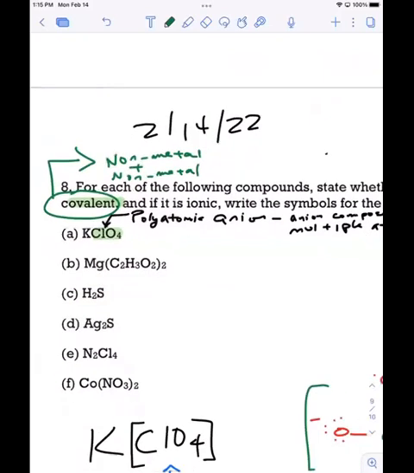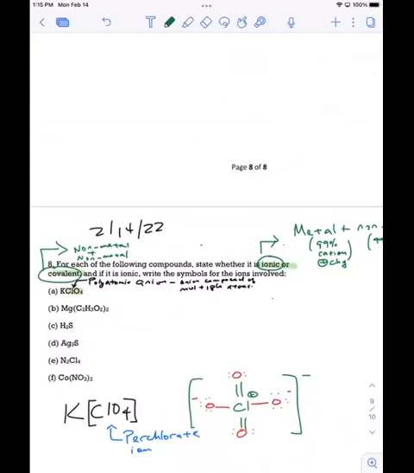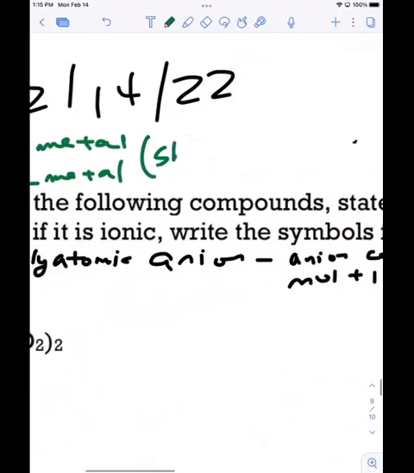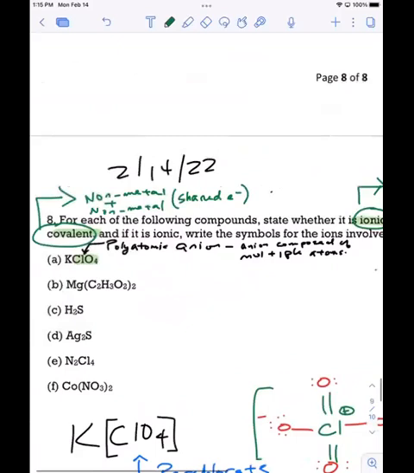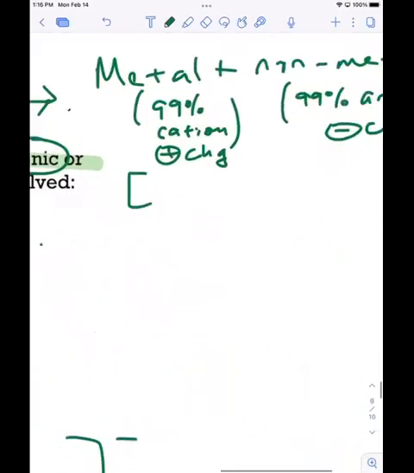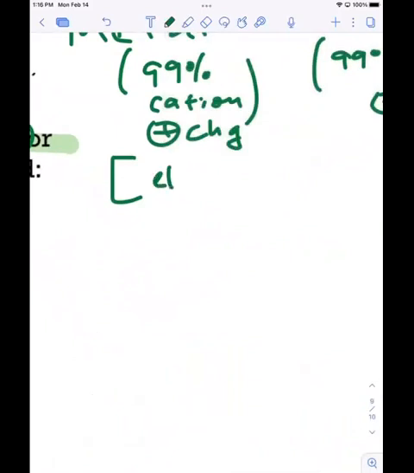So can somebody tell me what the difference is between ionic and covalent? Anybody remember that? A covalent bond is a bond between two atoms where they share a pair of electrons. An ionic bond is really not a bond. This is simply an electrostatic attraction, something positive being attracted to something negative.